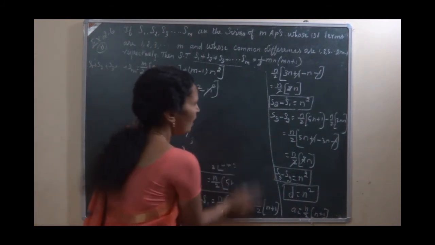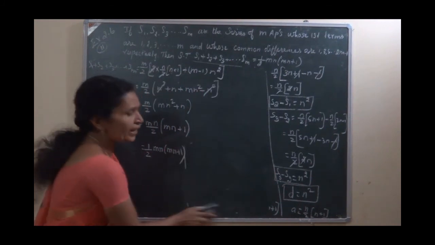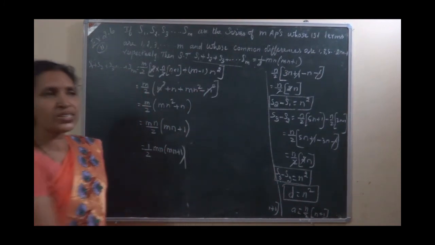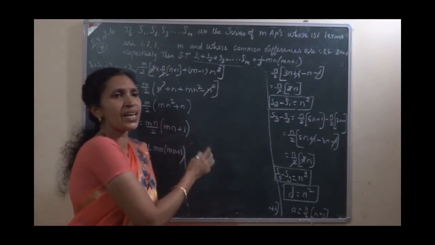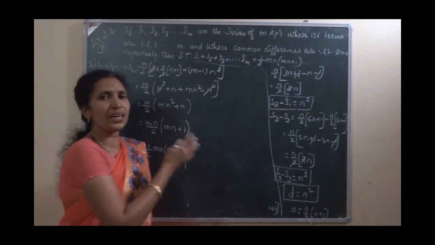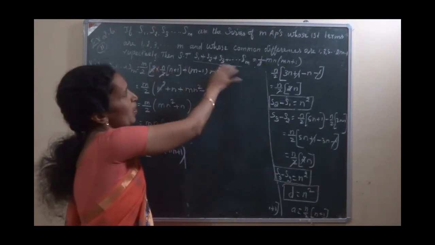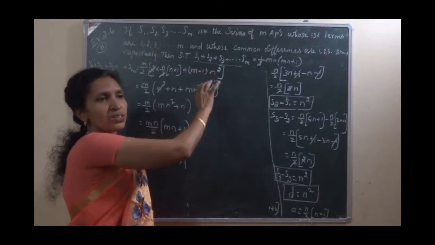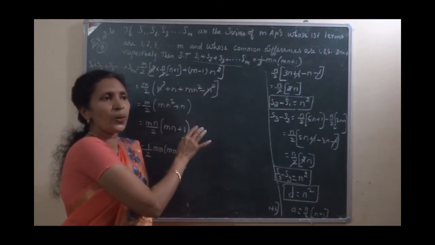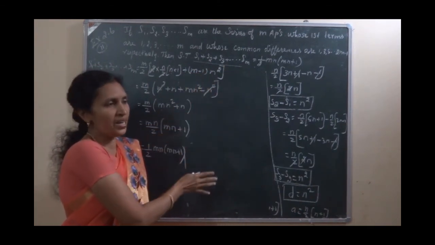According to the question, you make a tabular column. Afterwards, you consider S1, S2, S3 as first term, second term, third term. For that, you have to find the sum of those terms. For that, you have to know the A value and D value.